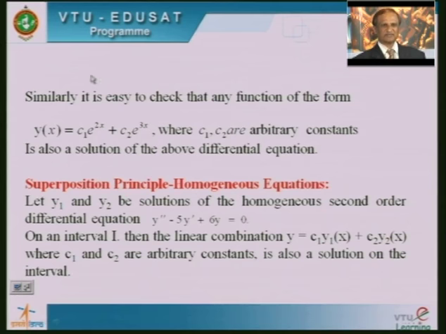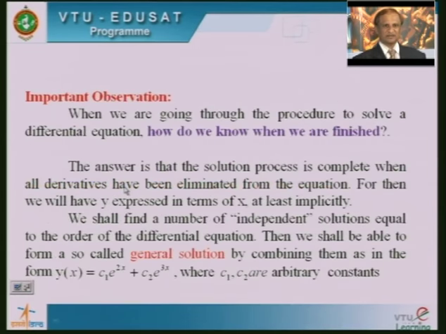Just now I have explained that concept, which we call the superposition principle. By using this principle only, we are able to write down the solution of the second order differential equation or of a higher order differential equation.